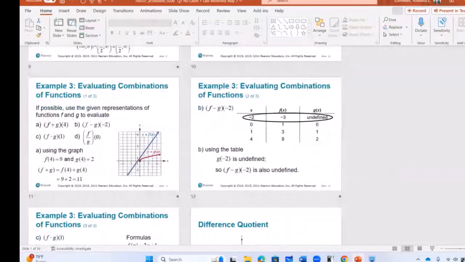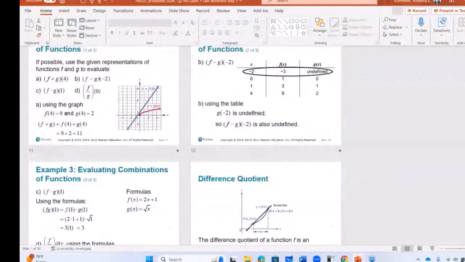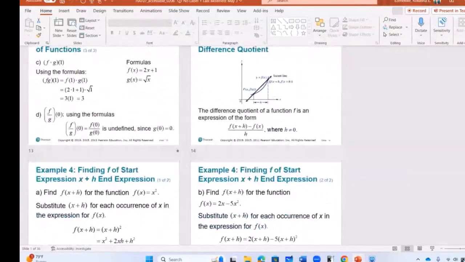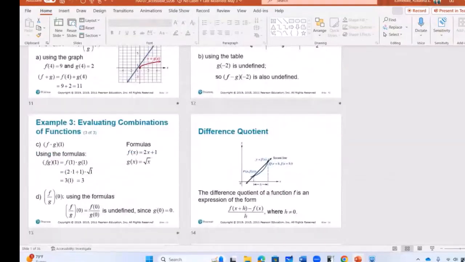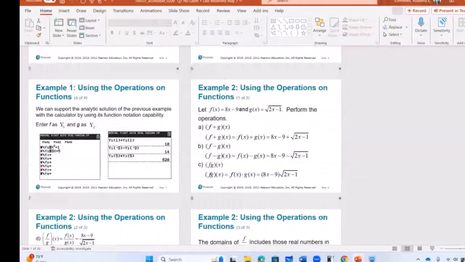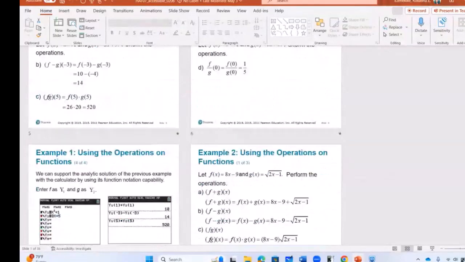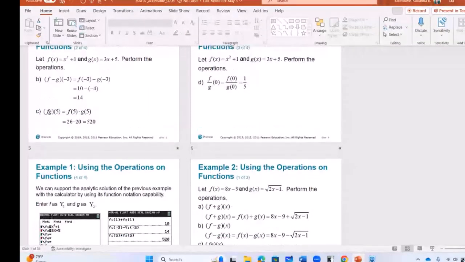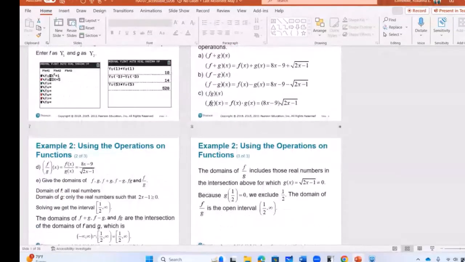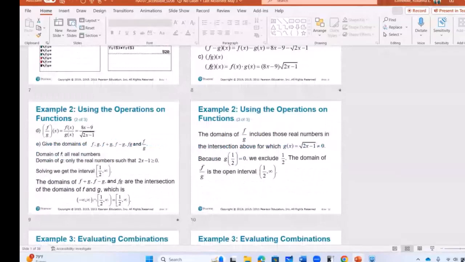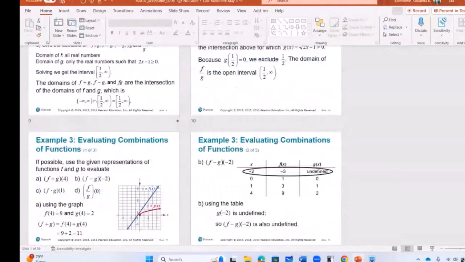If you understand the PowerPoint, there'll be no need to go to the textbook. I showed you how to do it with the calculator. Actually, you can also go to the examples in the calculator. The multiplications are here too. So function of a function should also be there.